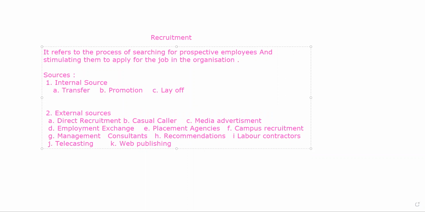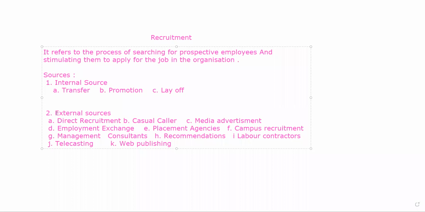If the employees are searched from various sources outside the business enterprises, then that is known as external sources. In the external sources, the first one is direct recruitment. What is direct recruitment?